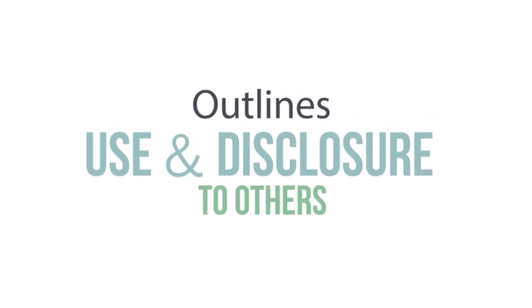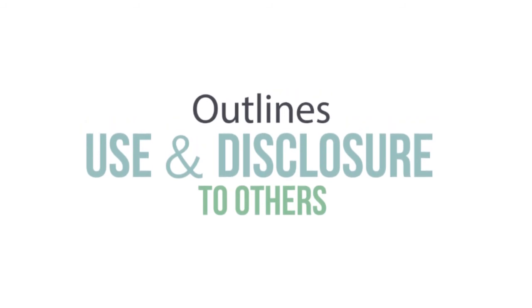Lastly, the Privacy Rule outlines use and disclosure to public interests such as required by law enforcement purposes, public health activities, serious threat to health or safety, or workers' compensation investigations. The rule does apply to all information in all forms, written, spoken, and electronic.